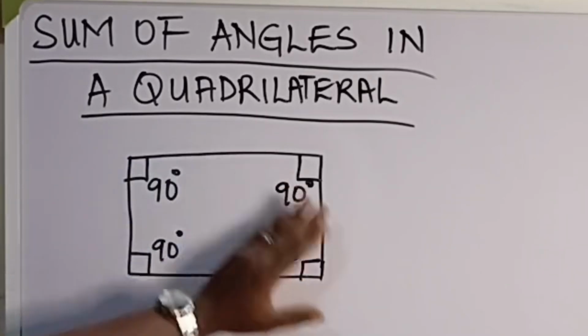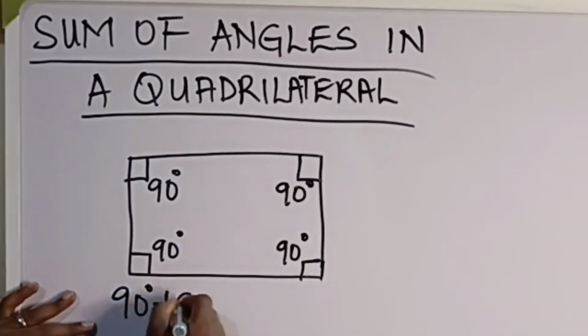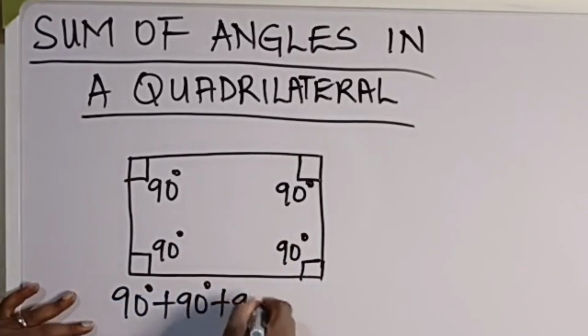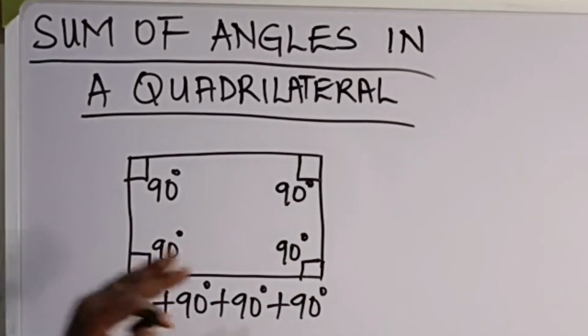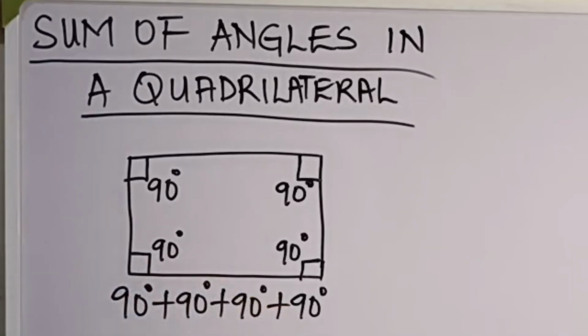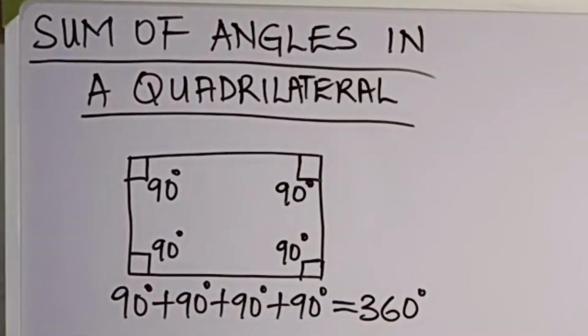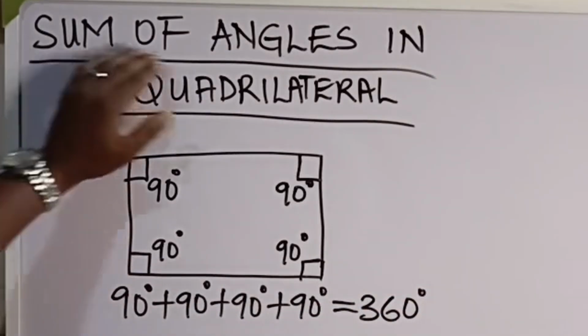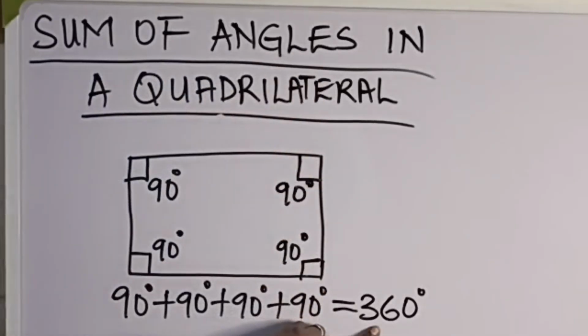So for a rectangle, each of the angles is equal to 90 degrees. If we sum all of them together, we have 90 degrees plus 90 degrees plus 90 degrees plus 90 degrees, which is going to give us 360 degrees. So from this understanding, we can simply say the sum of angles in a quadrilateral is equal to 360 degrees.